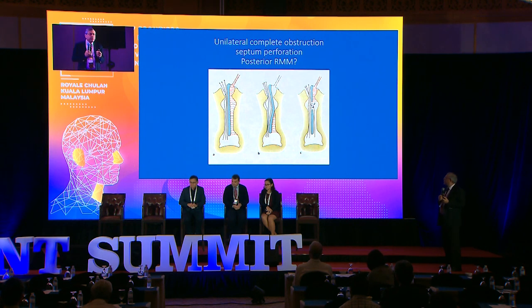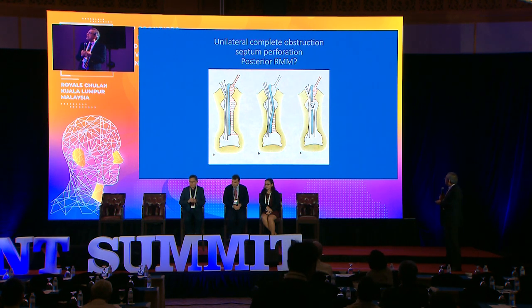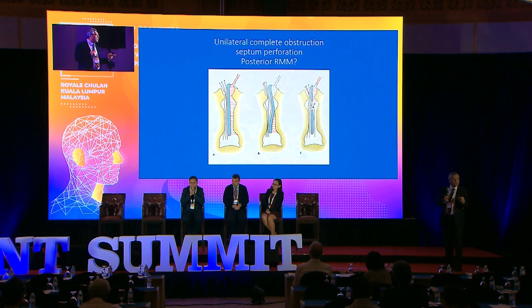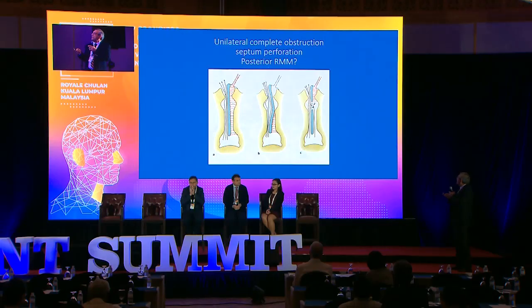The problem with anterior rhinomanometry is that if there is a complete obstruction on one side, you cannot measure the nasochoanal pressure difference. Also, if there is a perforation, you cannot measure the pressure.